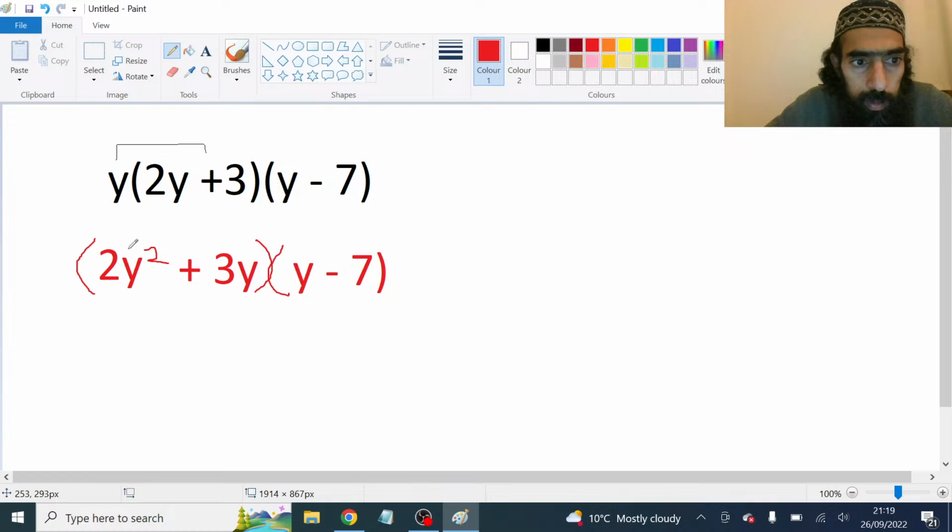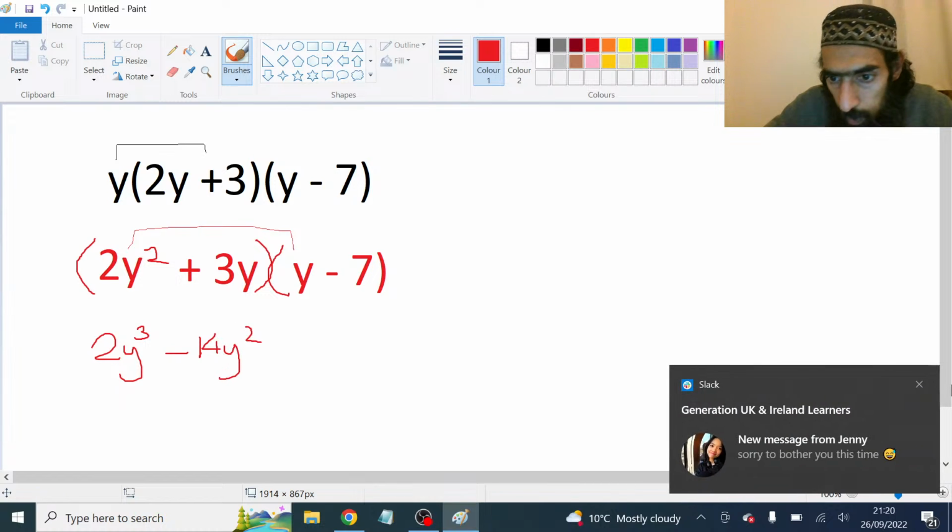So let's do this using the same technique that we learned yesterday, focusing on the 2y squared. 2y squared times the y would be 2y cubed. Keeping the focus on the 2y squared, we then times that by the minus 7. 2y squared times minus 7. That's the 2y squared done.